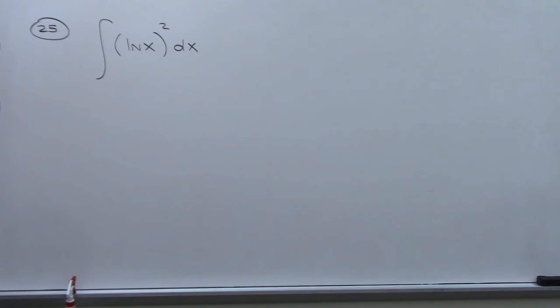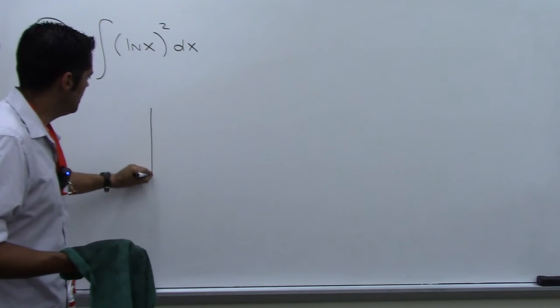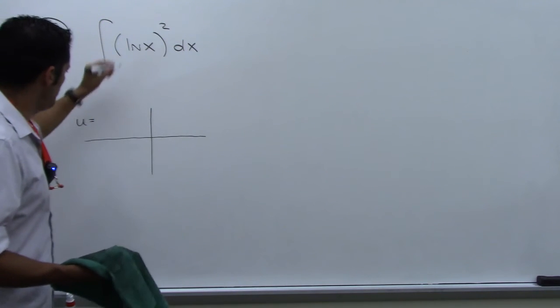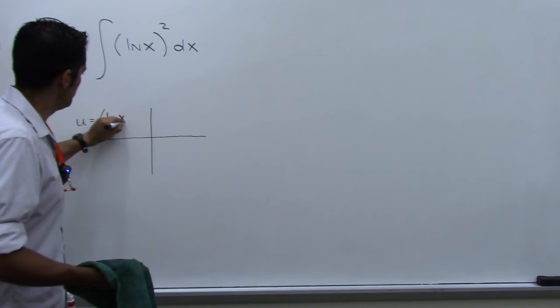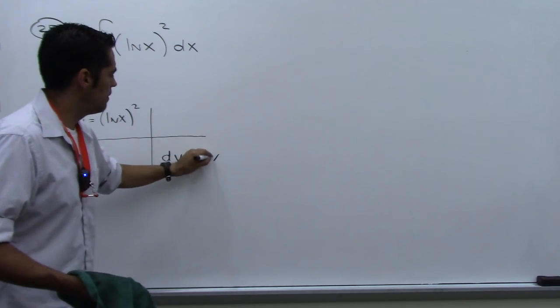Well, so again, we're kind of like, well, what do we choose for u? I think the only thing we can choose would be maybe the whole thing. Let's try it, see what happens. And that forces dv to be dx.